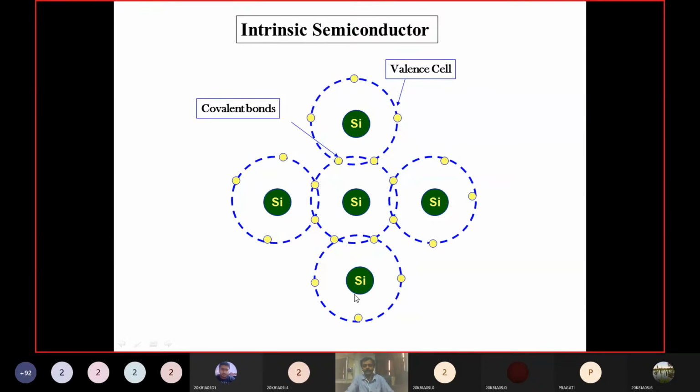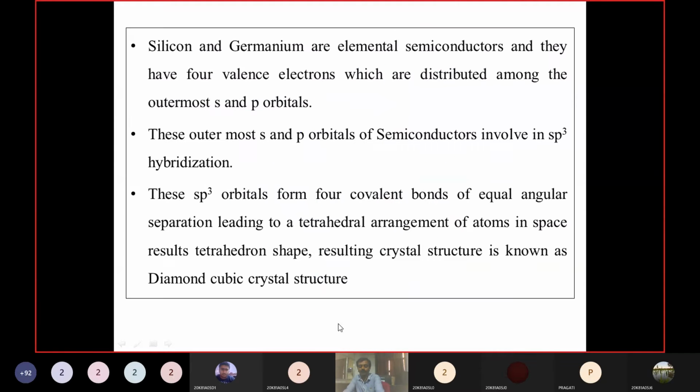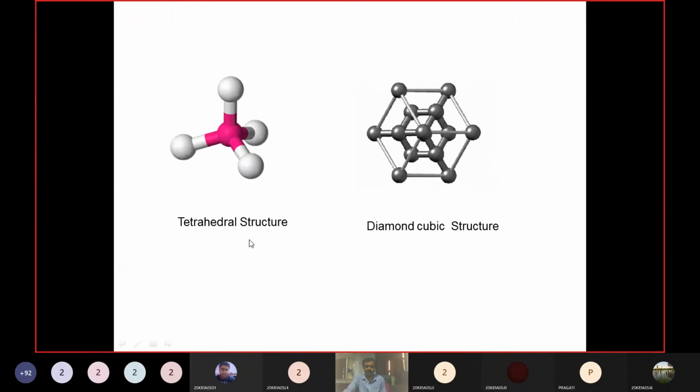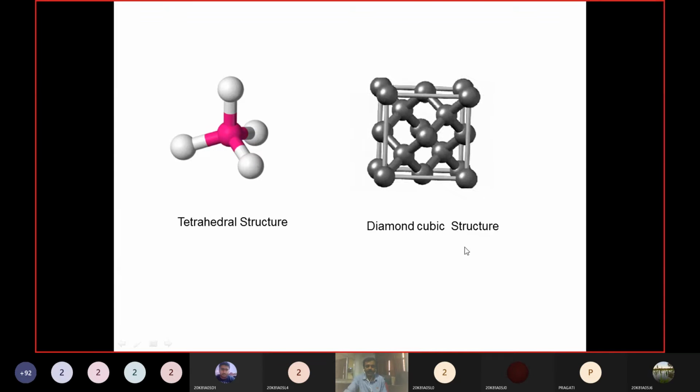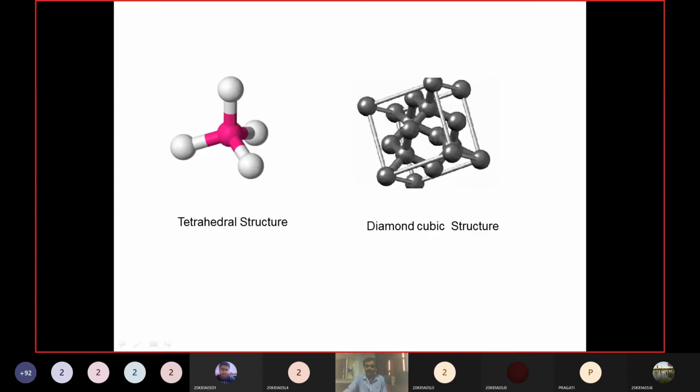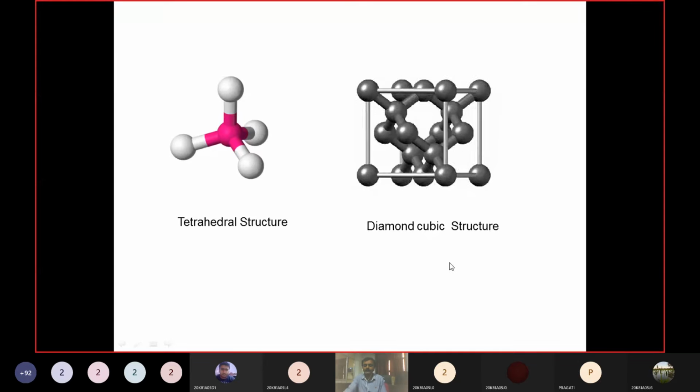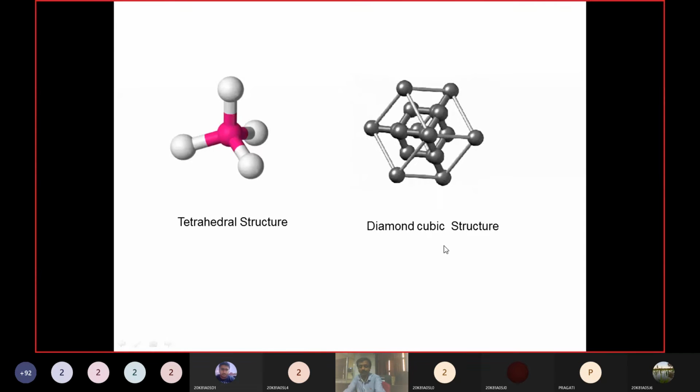They form a structure, and finally we get the diamond cubic structure. If you take each bonding, it is a tetrahedral structure. If you take the total unit cell, it is a diamond cubic structure.